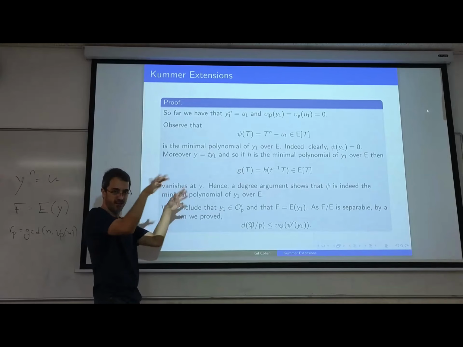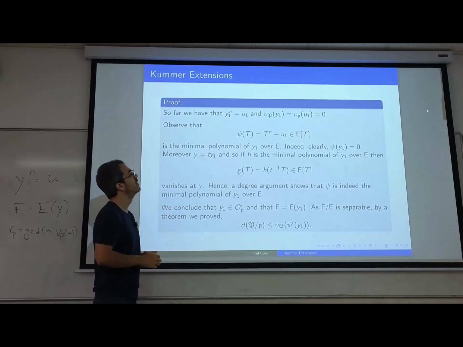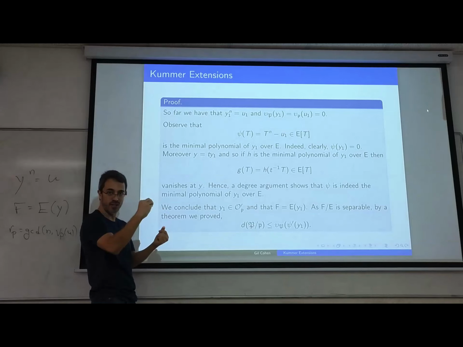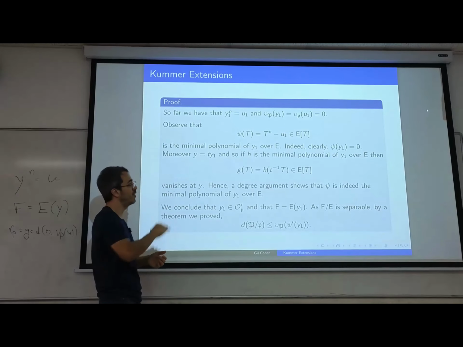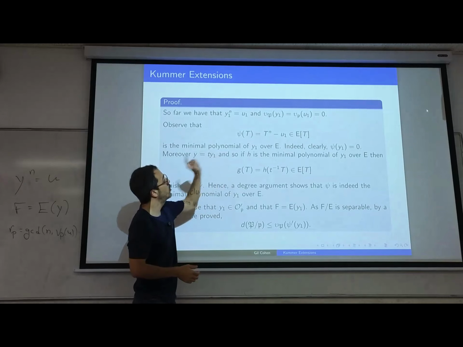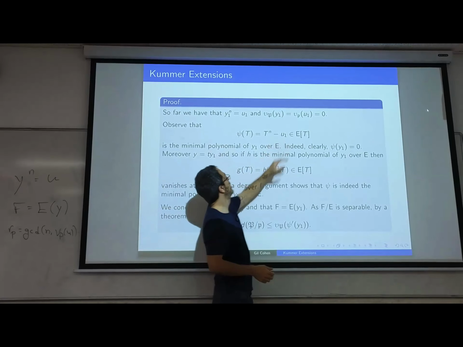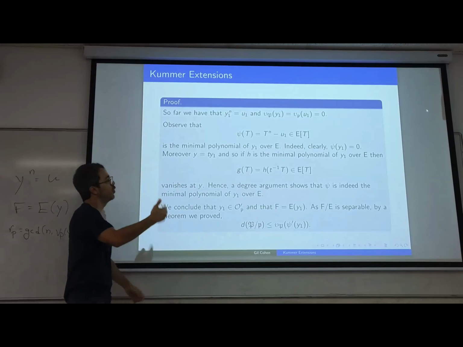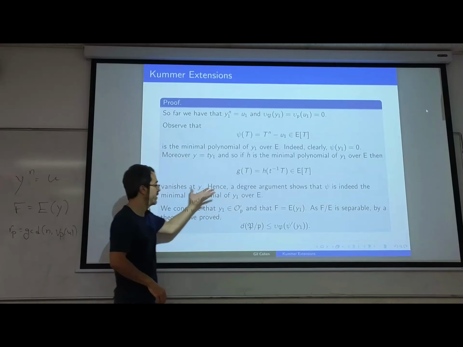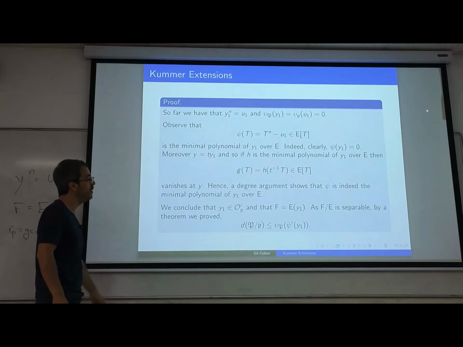If you are a unit downstairs, you're a unit upstairs, because the valuation is only multiplied by the ramification index. So if it's 0 at the bottom, it's going to be 0 at the top for every capital P over little p. That's what I care about. Because u1 is in the integral closure of O little p, y1 is in the integral closure of O little p. It's integral over O little p.